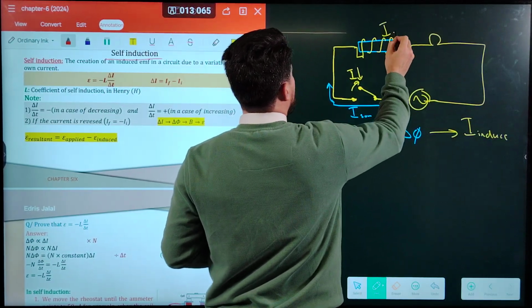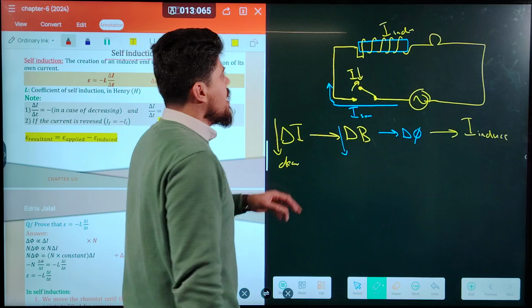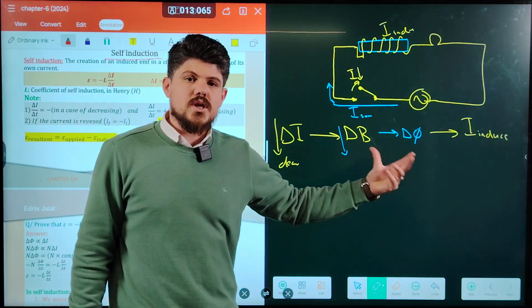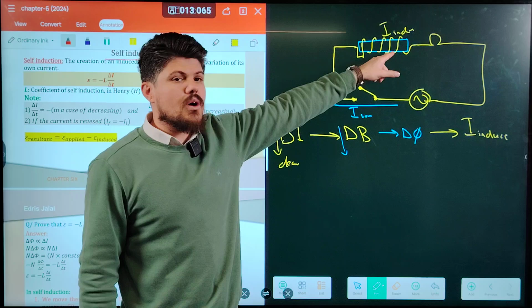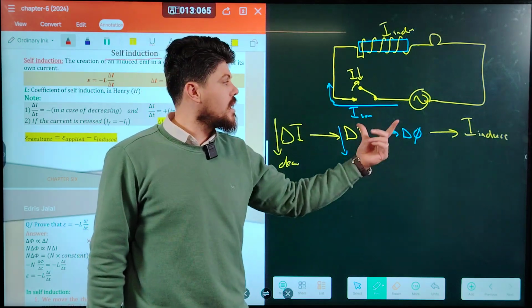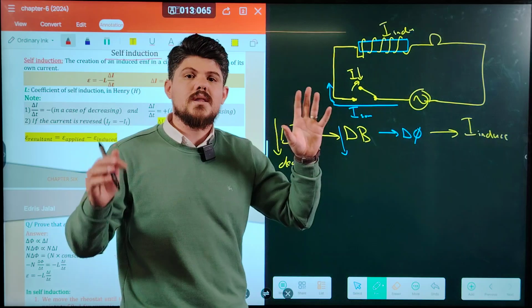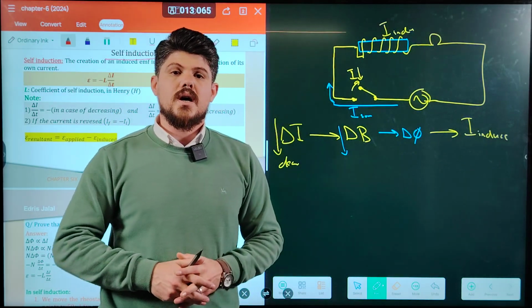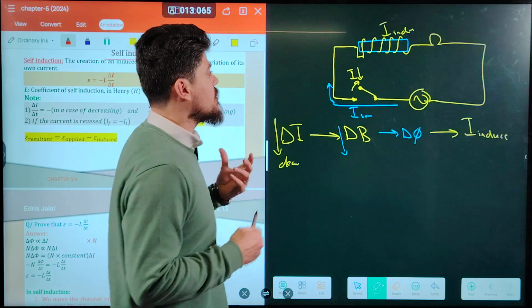Now, do we have induced current here? Yes. In the case of decreasing the current of the circuit, the induced current of the coil, according to Lenz's law, has the same direction as the current of the source. So that is why the net current, the resultant current, becomes large.